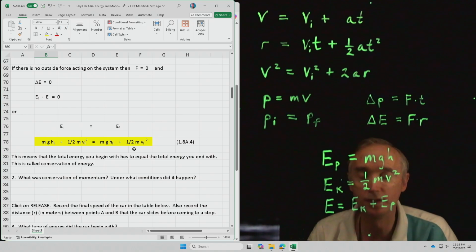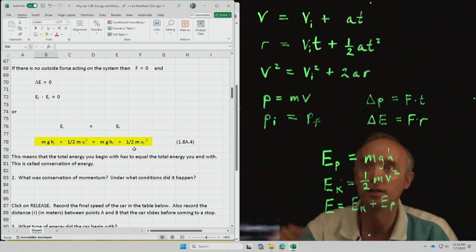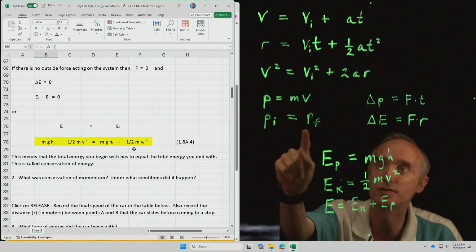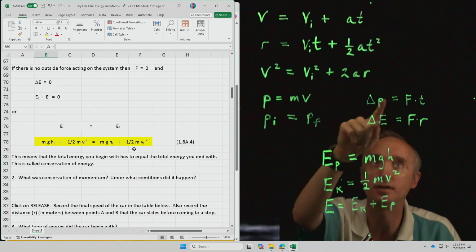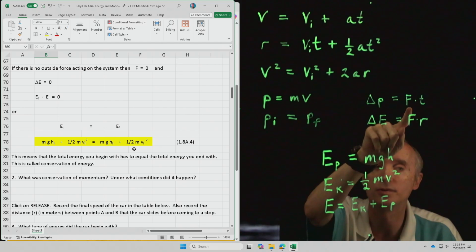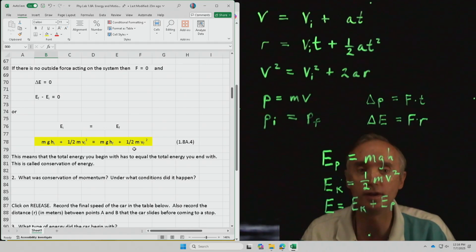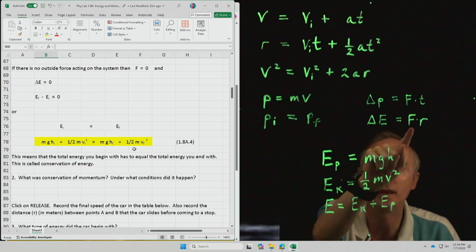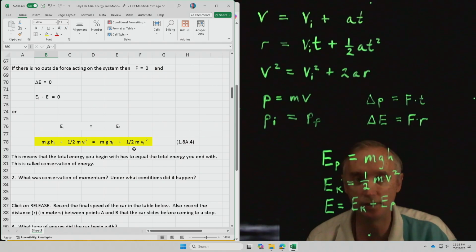So this one is going to be called conservation of energy. This one was conservation of momentum, which resulted if F was equal to 0. And then this one is conservation of energy if F is equal to 0. So this means that the total energy that you begin with has to equal the total energy that you end with.